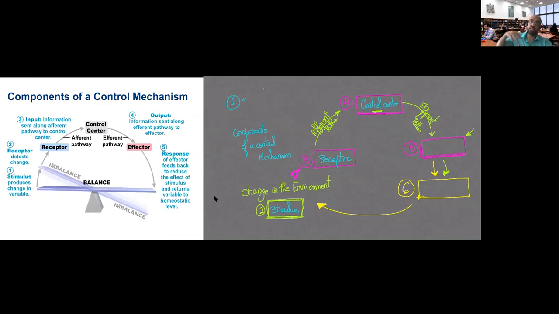The control center sends out through the efferent pathway signals to activate what organs? What organs will have an effect on the stimulus? Effector organs.